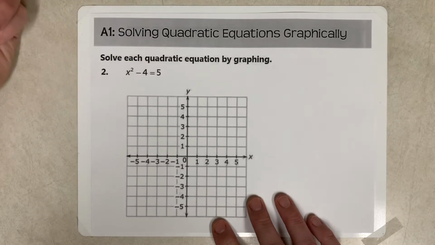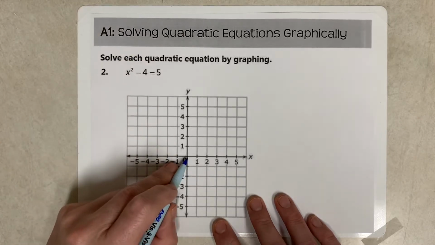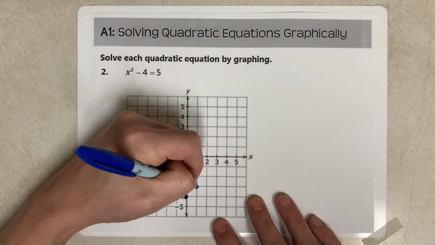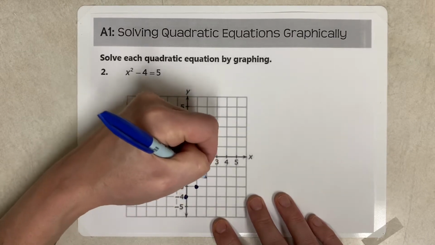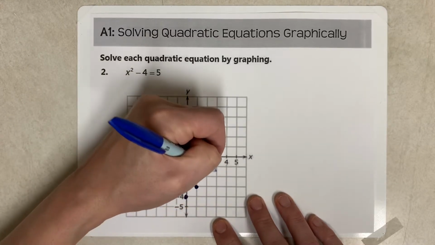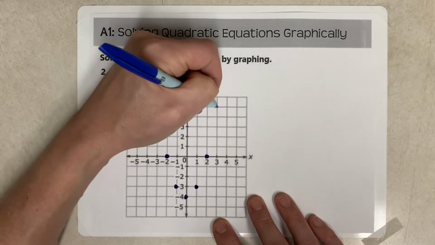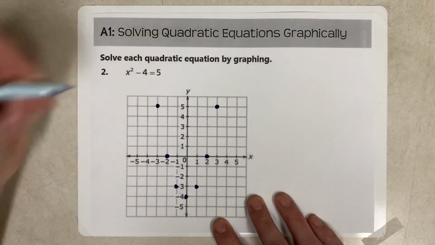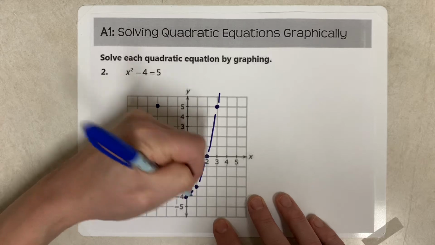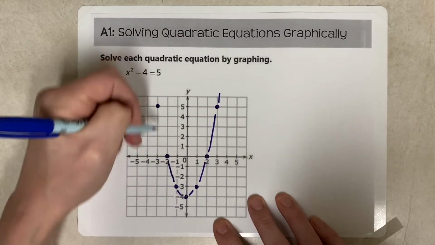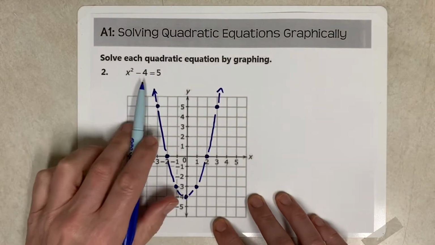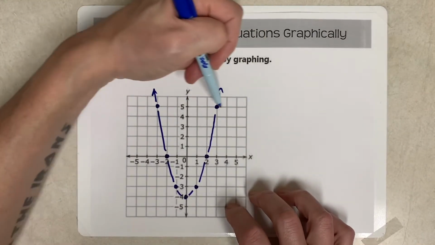This one, x squared minus 4: x squared, and then minus 4 drops it down 4 units. Over 1 up 1, over 2 up 4, over 3 up 9. Connect our points. And we're trying to figure out where that's 5. So here's 5.